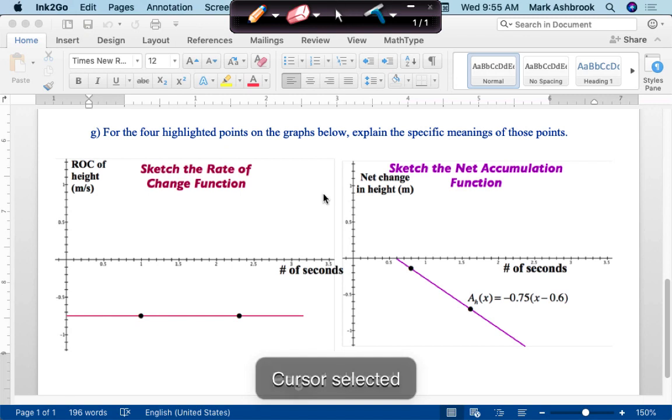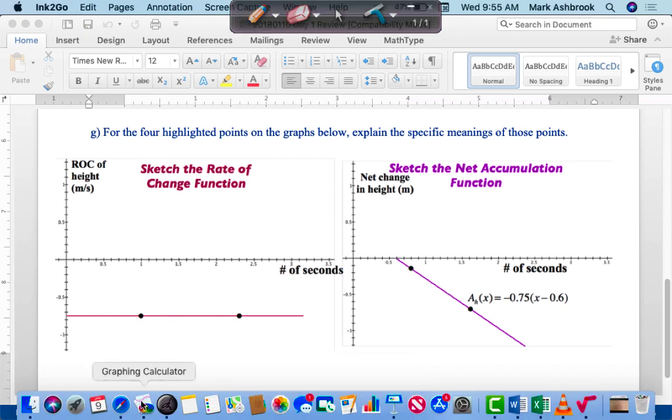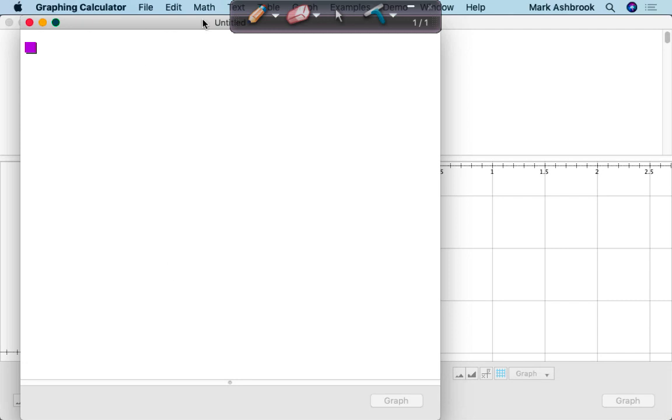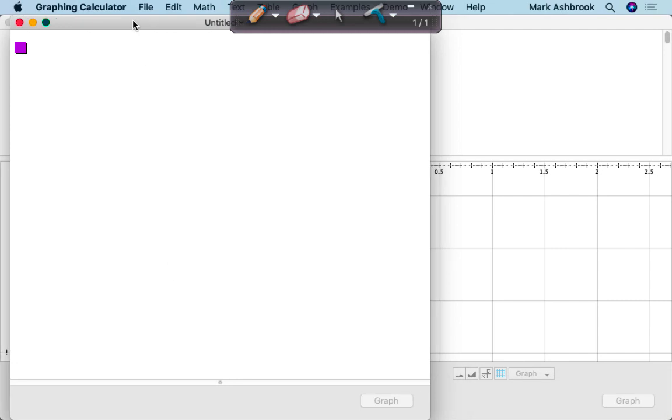So real fast, you've downloaded Graphing Calculator. If you haven't yet, you should today, okay? This is going to be a key element in the course. It's a really great way to learn, because we're not learning a new computer language.